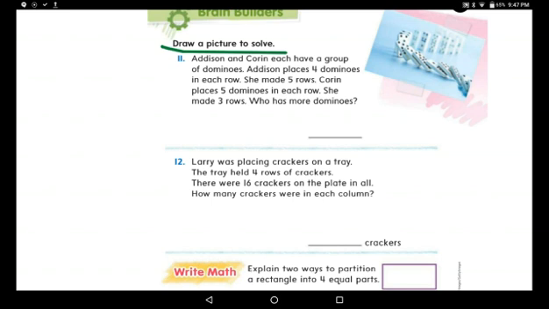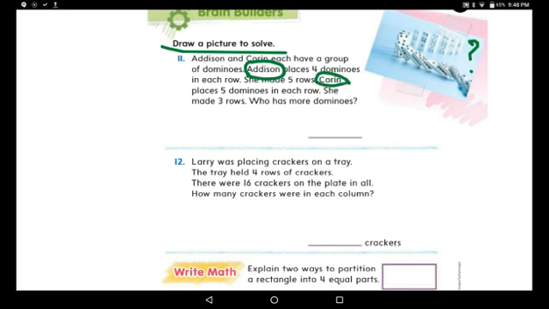Great! Let's see here. Now, can you look at the dominoes here? Here are the dominoes. I have two characters, Addison and Corin.